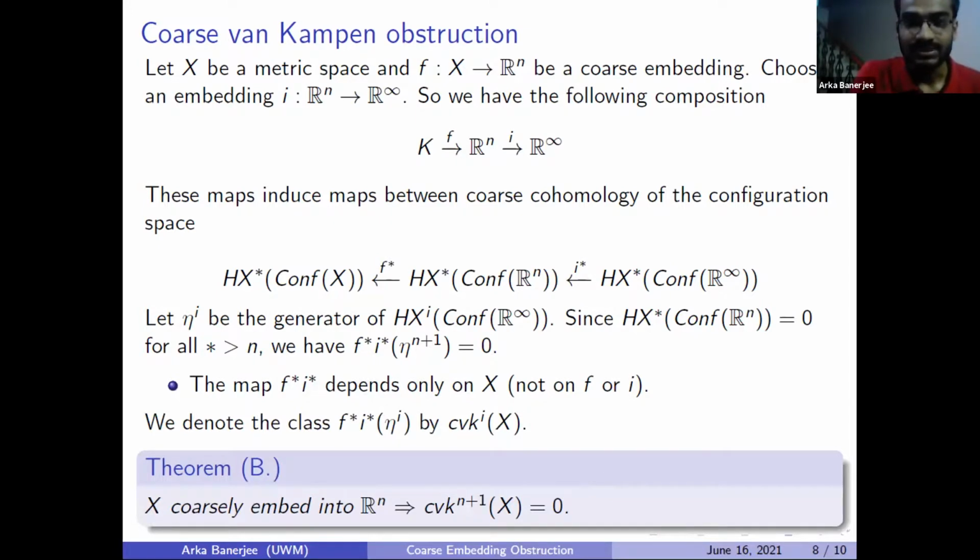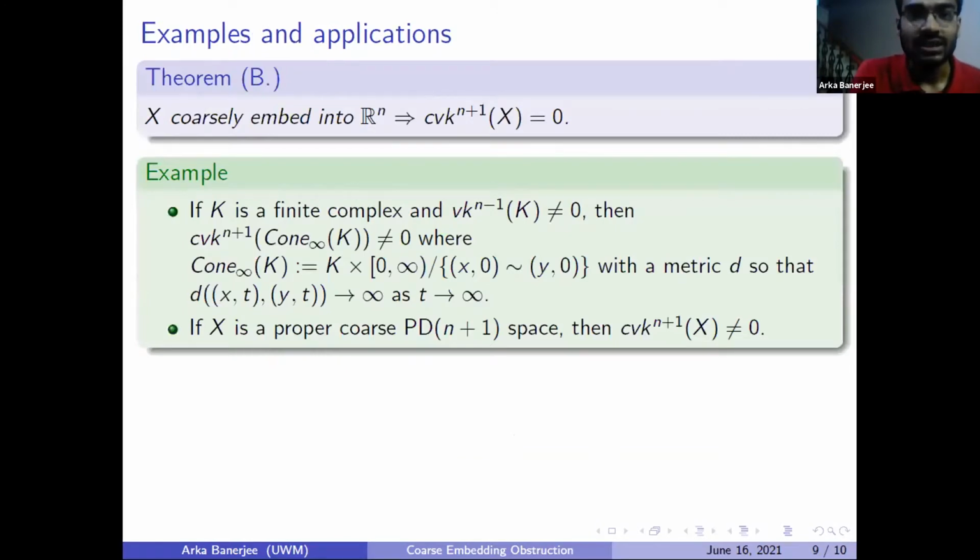And for the last slide, I'll go quickly. I have this obstruction, so a few examples. If you have a finite complex K whose Van Kampen topological obstruction is not equal to 0 in degree n minus 1, then for the infinite cone, with a slight assumption on the choice of metric, this class in degree n plus 1 is actually non-zero.